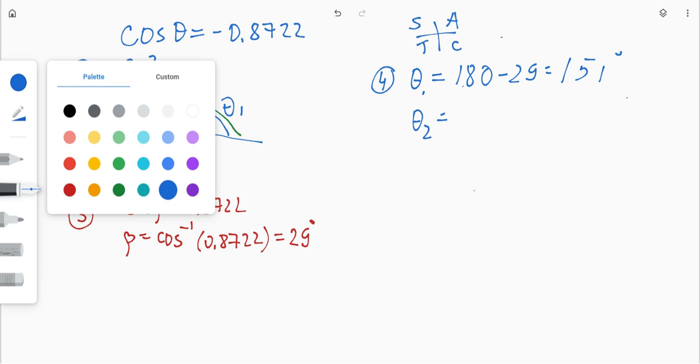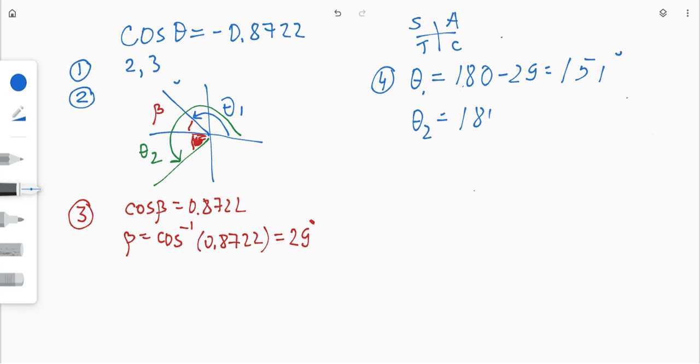So 180 plus 29 degrees is 209 degrees. So those are the two angles, 151 degrees and 209, which has got cosine ratio as negative 0.87.